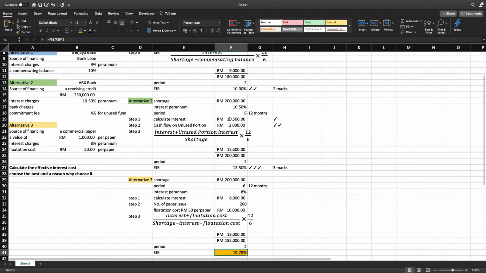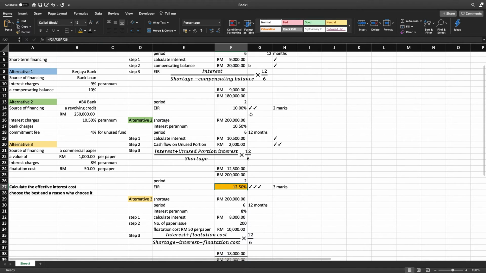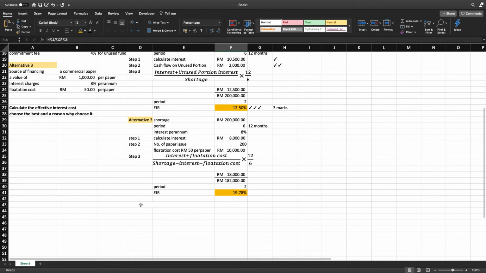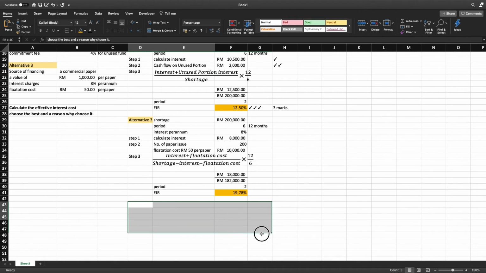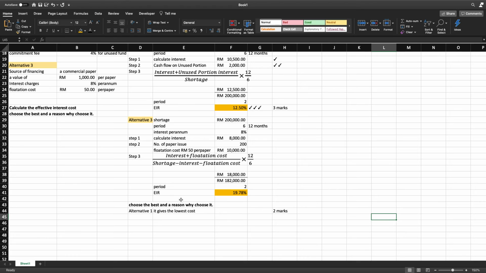So you will see alternative 3 has the highest interest charges. The second one is 12.5%, and the lowest one is 10% for the loan with compensating balance. The last step is to choose the best one and give the reason why.